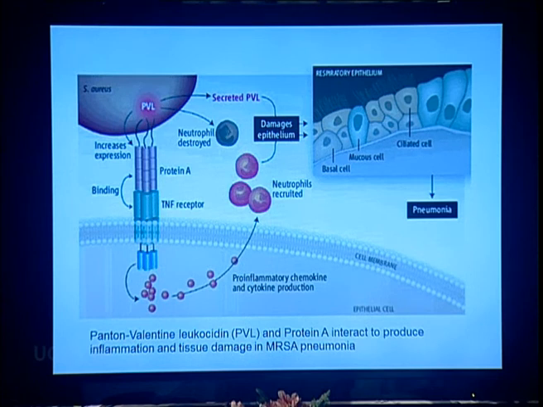And this particular PVL, or Panton-Valentine leukocidin, was not originally in the bacteria, it was originating in a bacteriophage. And this particular protein A, which is acting as a receptor for PVL, is binding with the PVL and causing the massive change.